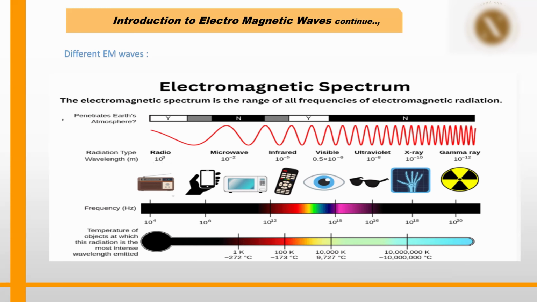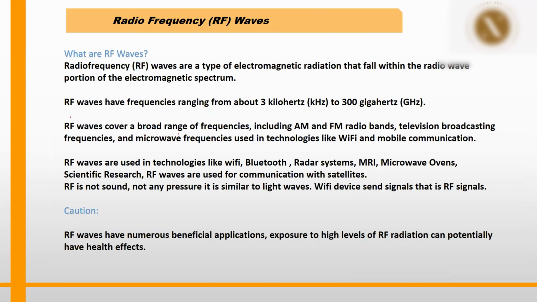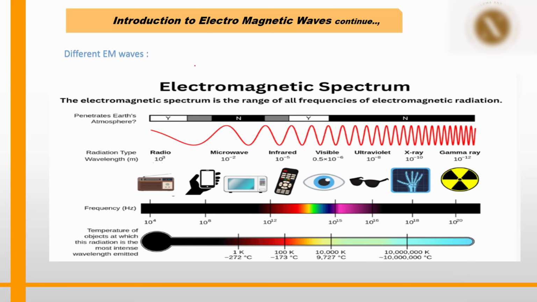Here you can see which waves penetrate the Earth's atmosphere. The waves should escape the Earth's atmosphere, right? So what kind of waves can penetrate the Earth's atmosphere? Radio waves, yes. Microwaves, no. Then infrared, big no.